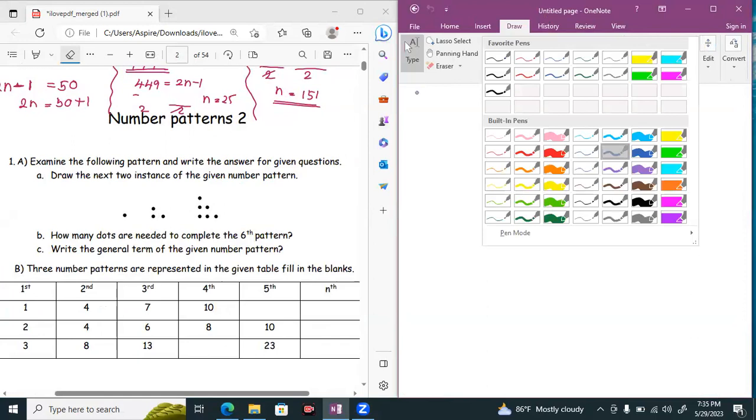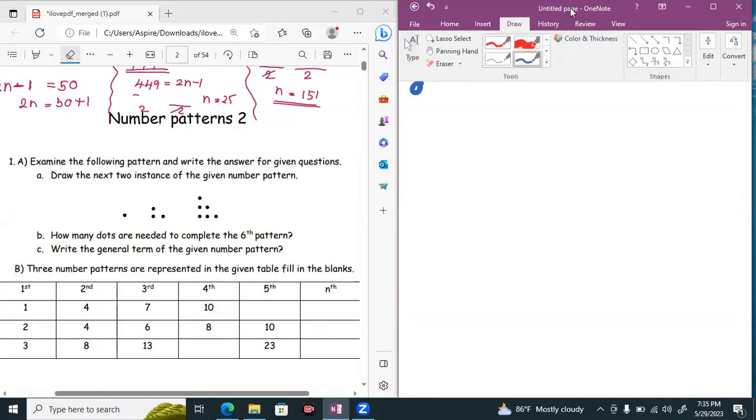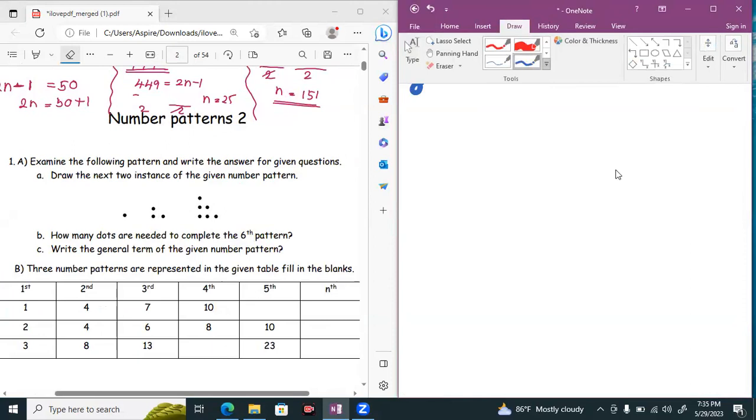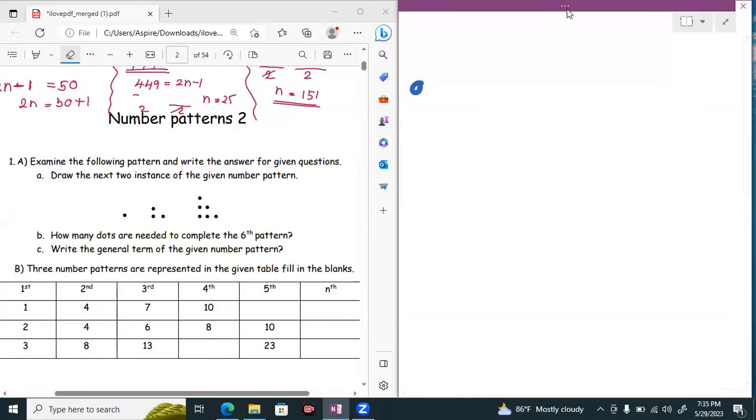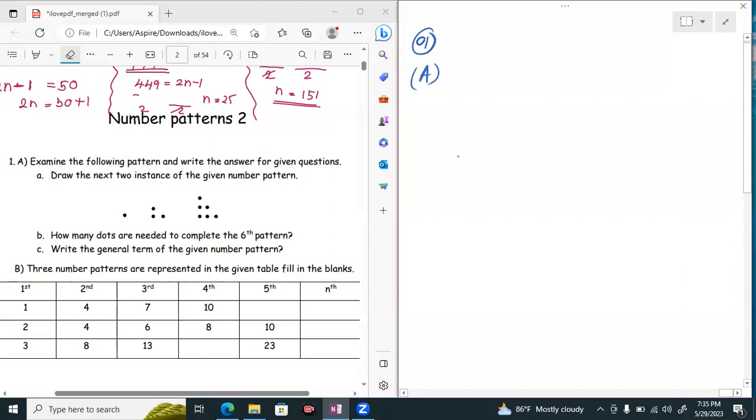Okay, first question, part A. Let's draw the next two patterns.